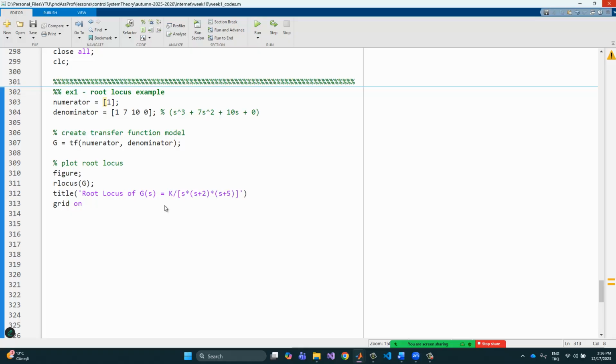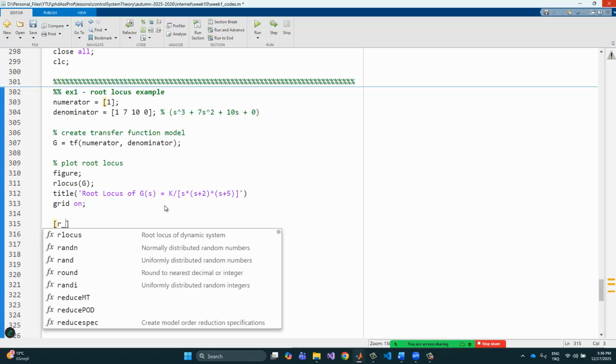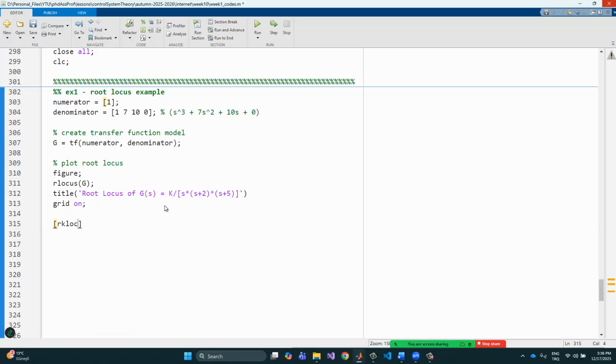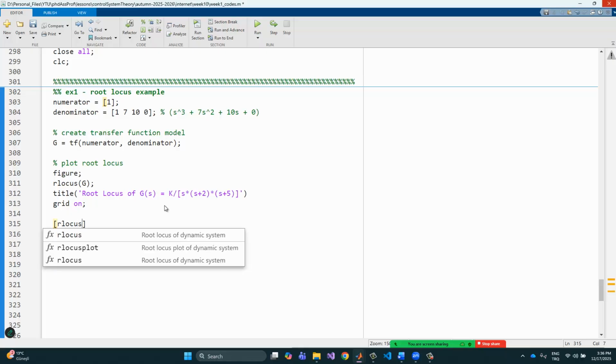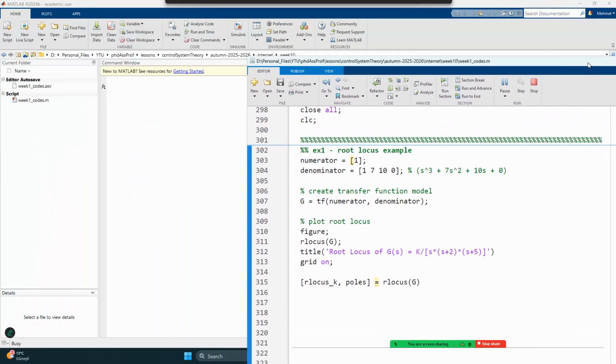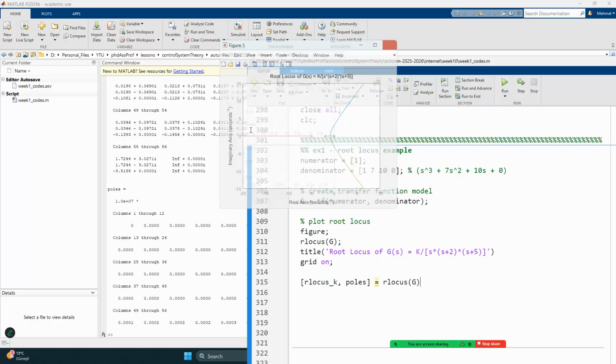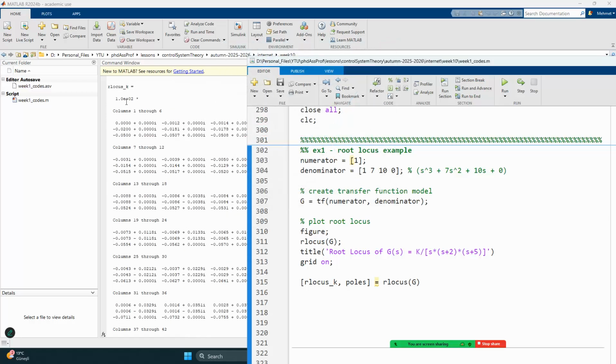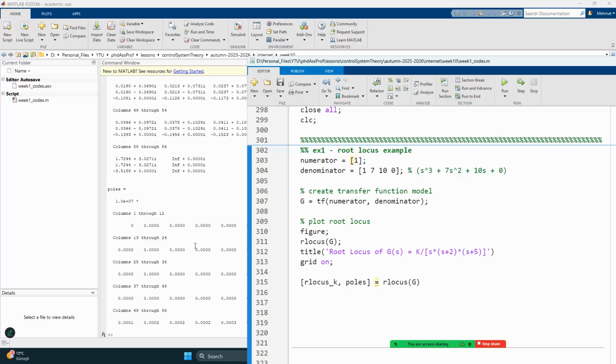Okay, and also we can obtain our locus k values as an output with the poles, from our locus G. If I run this code, we will have two values in here. See, these are our locus values, and each column is assigned to the poles of these terms.